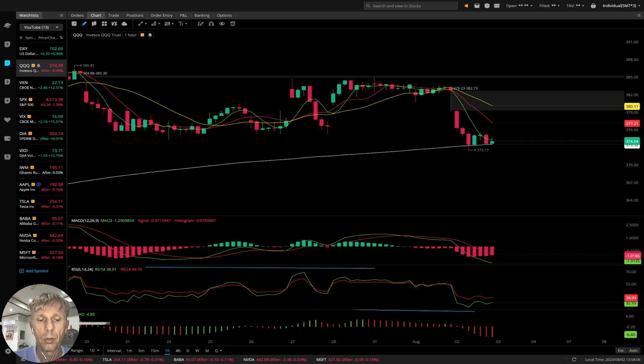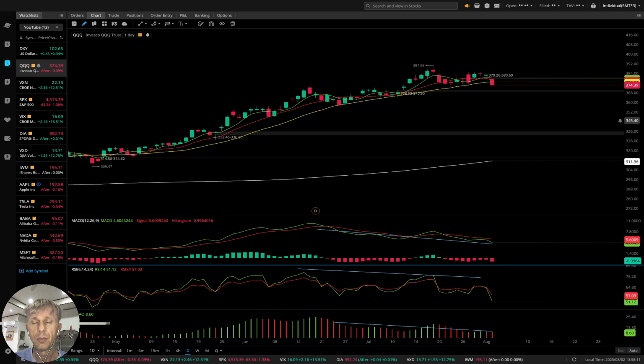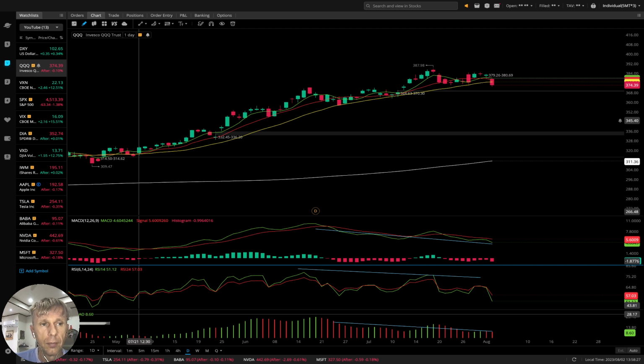All indexes, all equities except Microsoft on the daily time frame are still in bullish territory. MA5 and 10 are still in bullish territory. Yes, they all have bearish divergences, bearish reversal signal, but the moving averages are still in bullish territory on the daily time frame only.